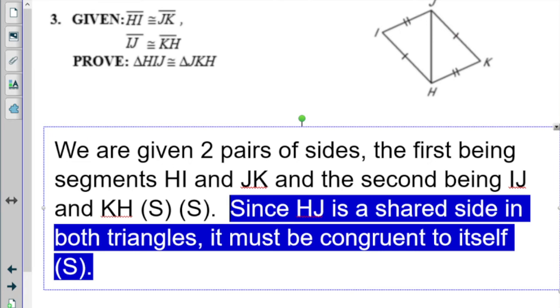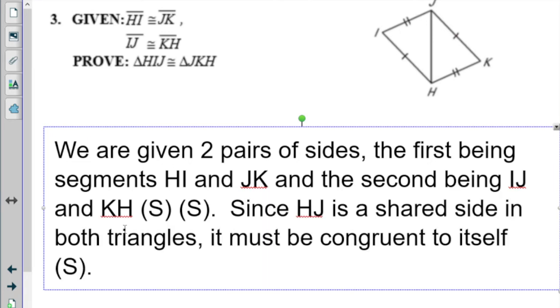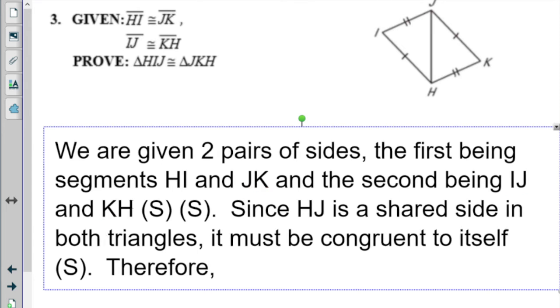Finally, we have our three pieces of information. Therefore, we're going to write out the congruence statement. Remember, on almost all of these, the end of the proof should have the congruence statement, triangle HIJ is congruent to triangle JKH.